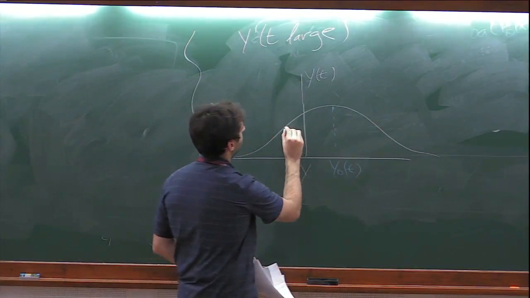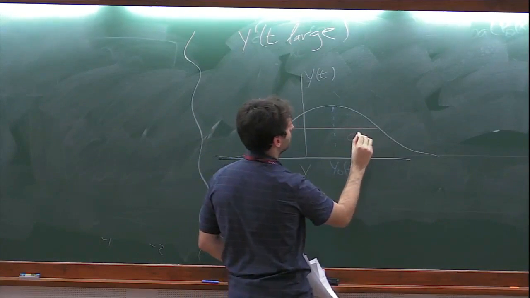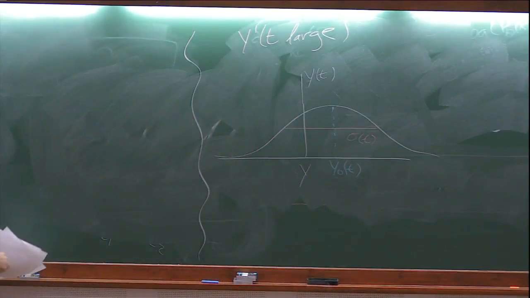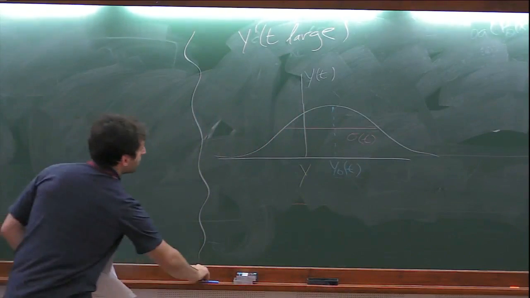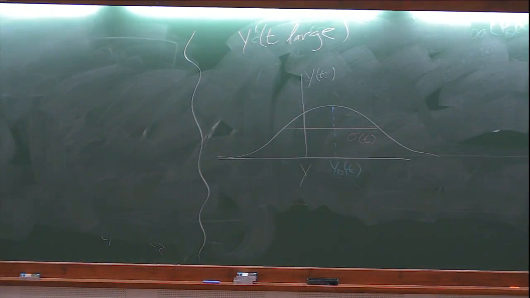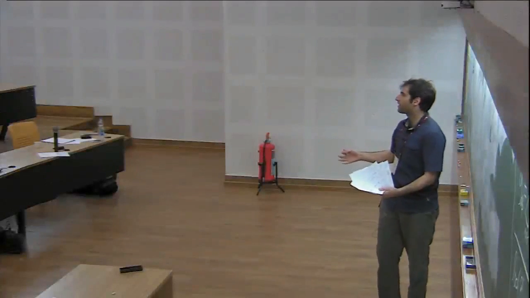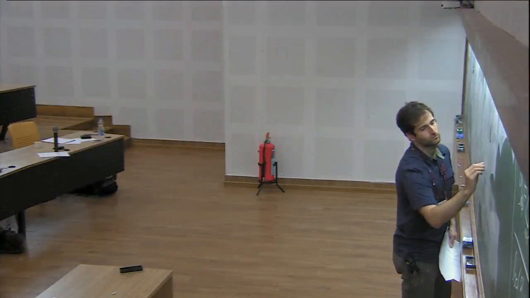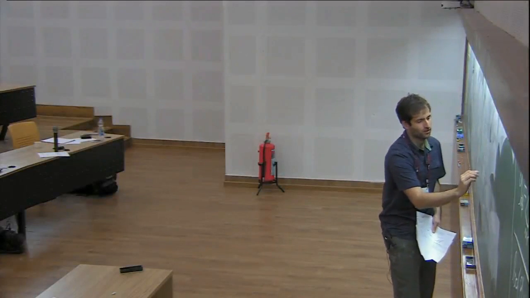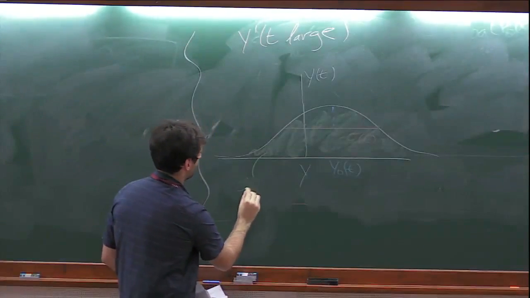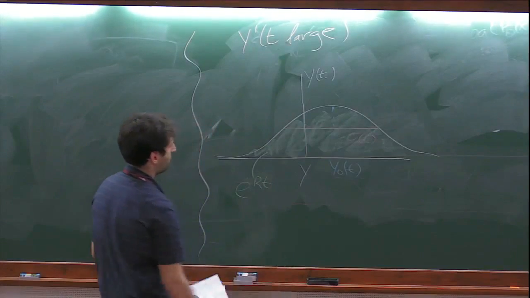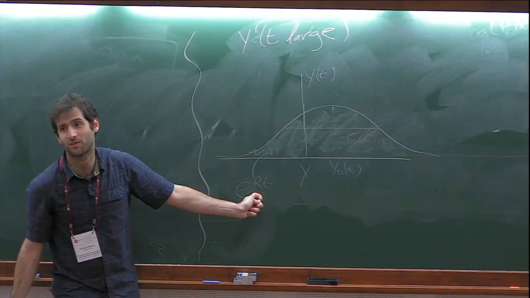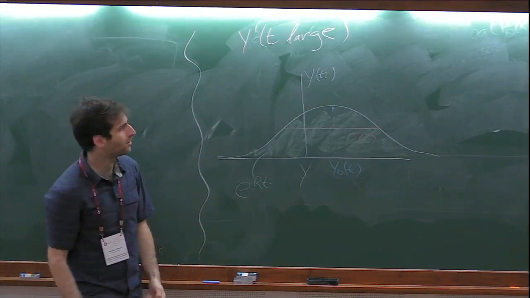There's a width, sigma of t. And if I haven't chosen my thetas to sum to 1, then if they don't sum to 1, the number of particles will exponentially grow, right?